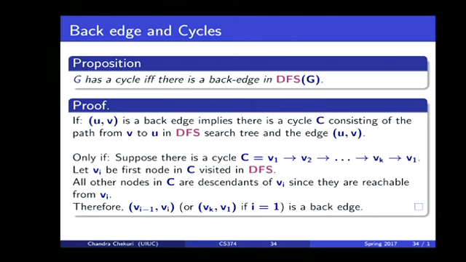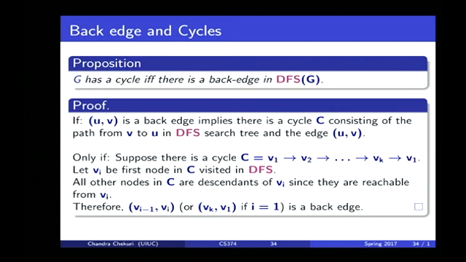When I touch Vi, what am I guaranteed? I know that all the nodes in the cycle are reachable from Vi, so I will discover all of them basically under Vi. But then what happens to the edge Vi-1 to Vi? Vi-1 will be a descendant of Vi, and so the edge Vi-1 to Vi will be a backward edge.